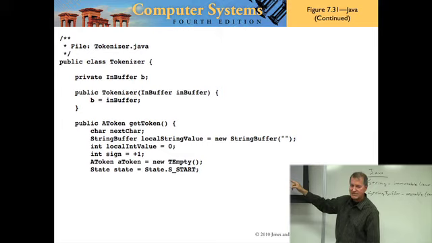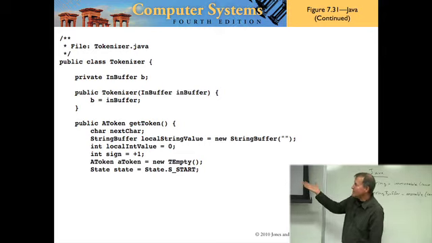We have a sign, our int sign, that's initialized to +1, just like we did before. And we have a local what? State. Abstract token that's initialized to the what? To the empty token. Are you with me? And then we have our state variable, initialized to what? Start. Is everybody good?